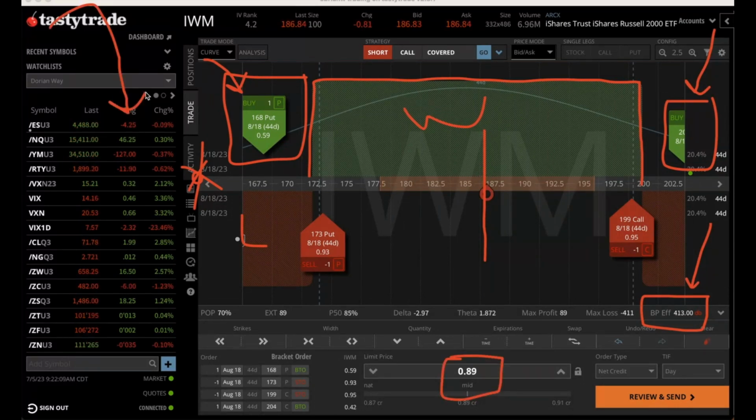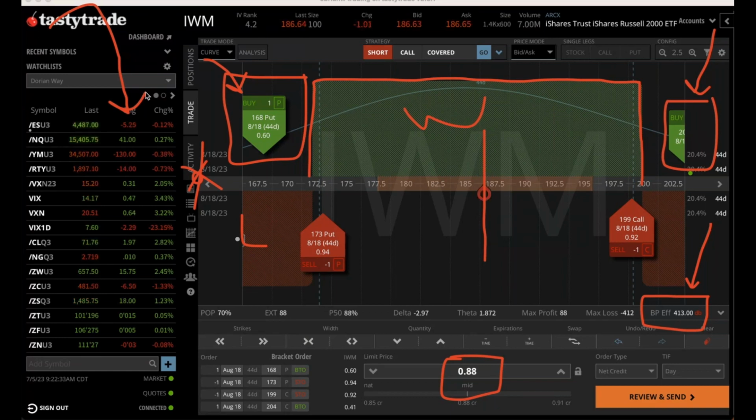So anyway, this is the iron condor, and you can see how the iron condor and the strangle are both inherently neutral. You can skew to one side on either type of strategy, but the strangle has more max loss risk on both sides.